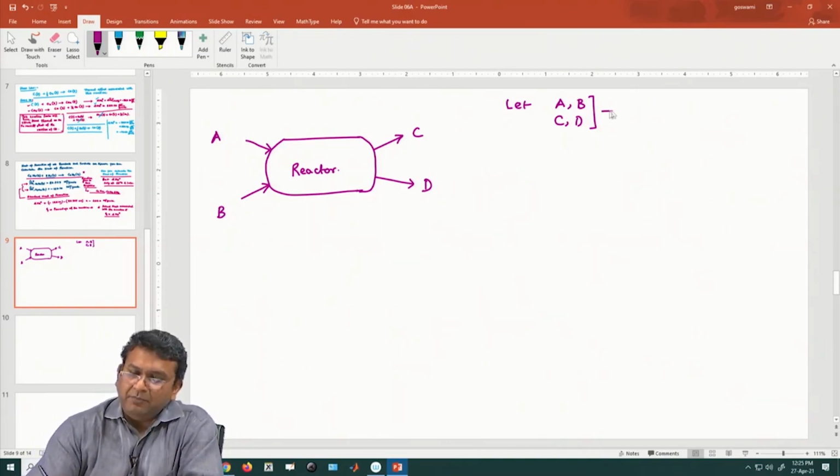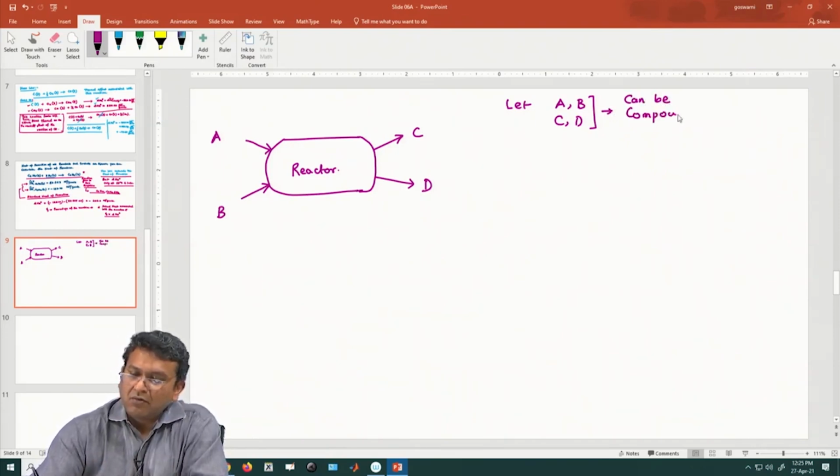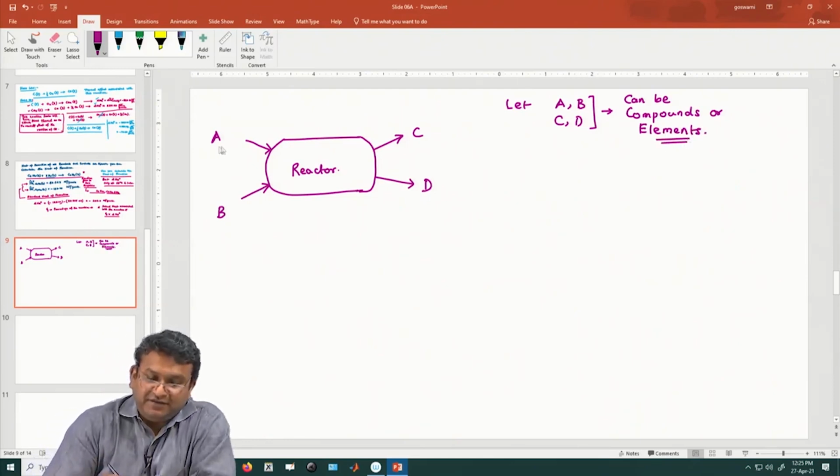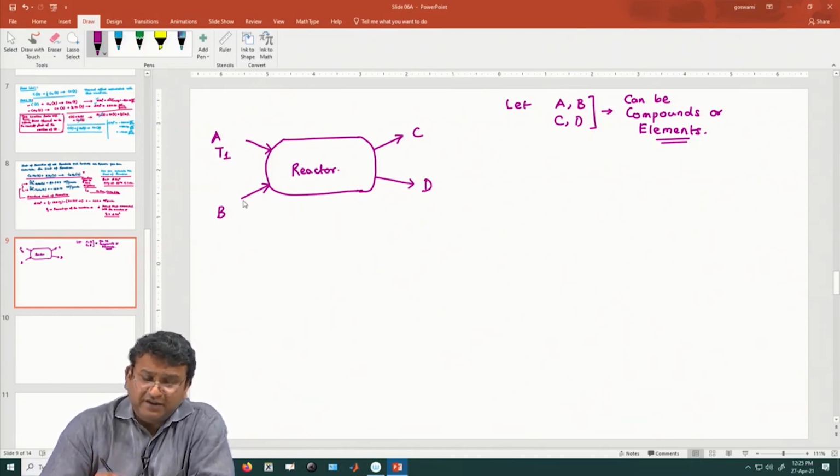So, they can be compounds or elements or whatever, and let us say I say that this one enters at temperature T1. For simplicity, let us assume everything is at 1 atmospheric pressure.